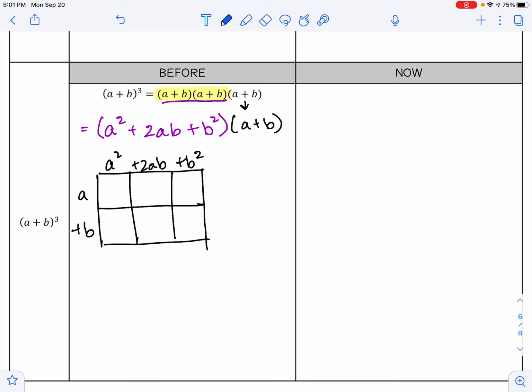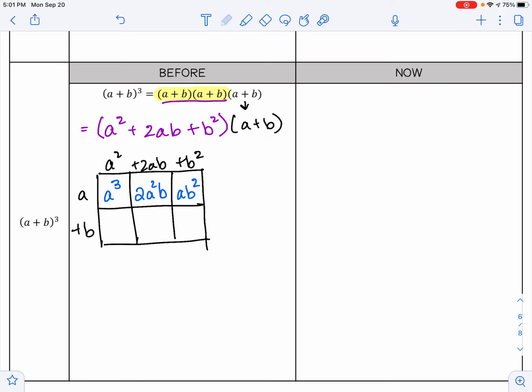So let's see. A times A squared is A cubed. A times 2AB is 2A squared B. A times B squared is AB squared.